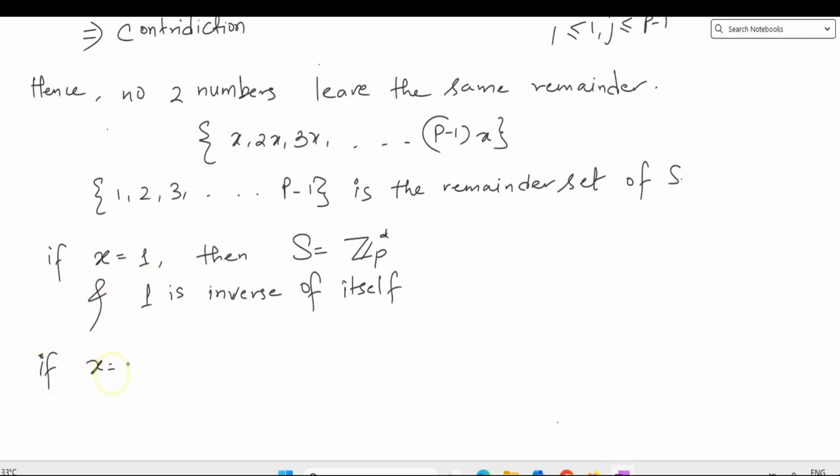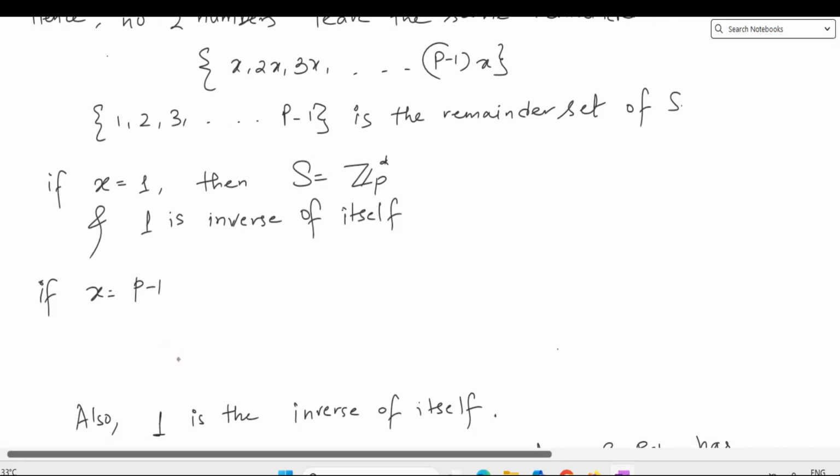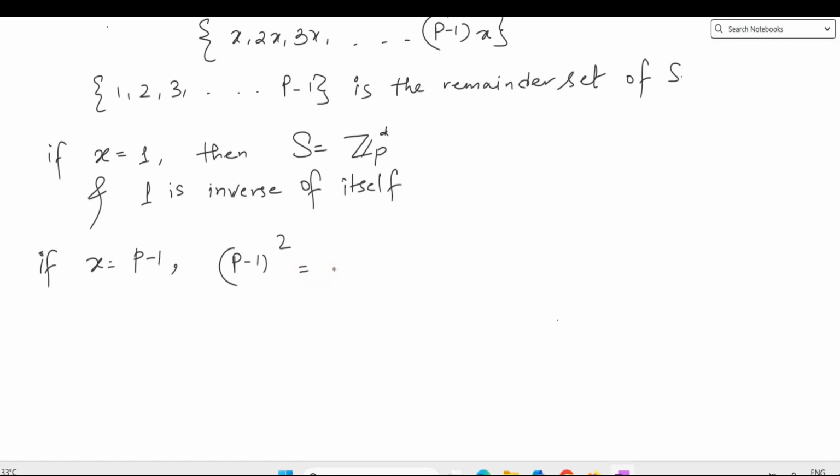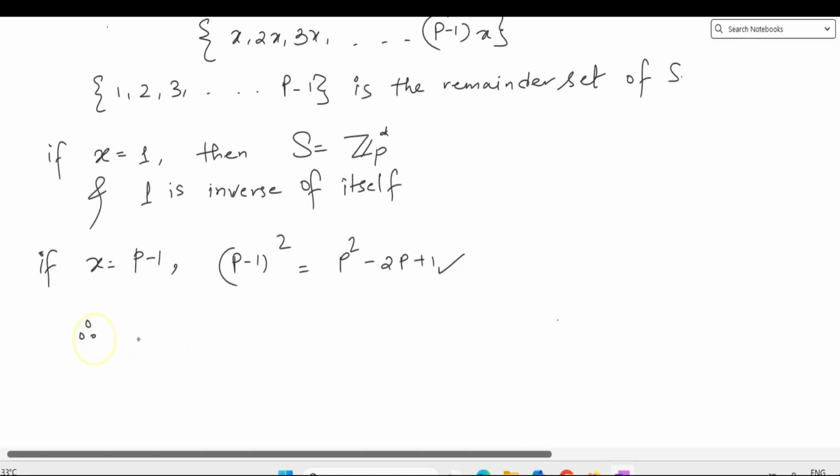If x is p minus 1, then (p minus 1) squared is equal to p squared minus 2p plus 1, and when it is divided by p, it will leave remainder 1. Therefore (p minus 1) squared is congruent to 1 mod p, hence p minus 1 is also the inverse of itself.